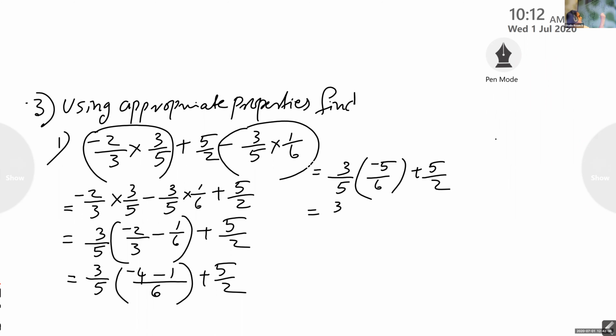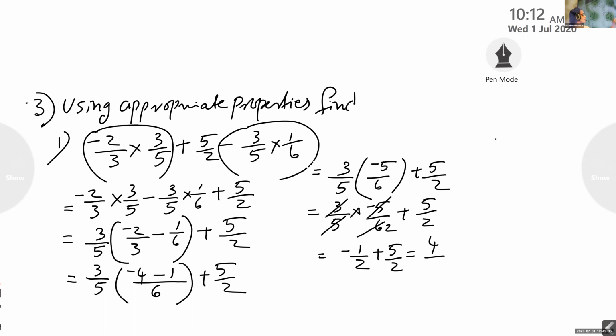So, this we can write 3 by 5 into, bracket we can remove because only one term, and multiplication by 6 plus 5 by 2. Okay. So, we can cancel 5. 2 is common. So, negative 1 by 2 plus 5 by 2, which is equal to 4 by 2.